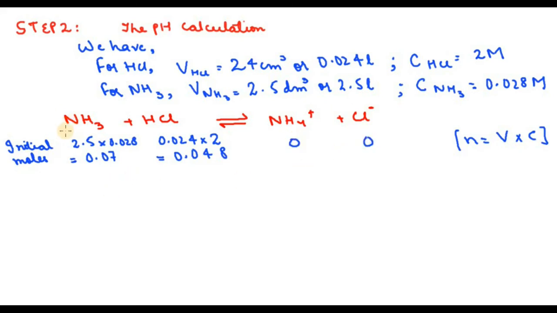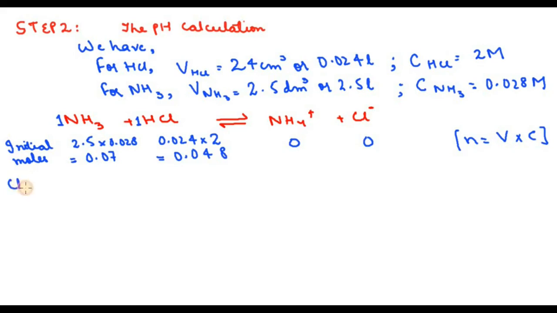Here, as we can see in the reaction, NH3 and HCl react in 1:1 ratio. So here also NH3 and HCl would react in 1:1 ratio. Here NH3 is in excess, so some of the NH3 would remain unreacted and HCl will be completely consumed.